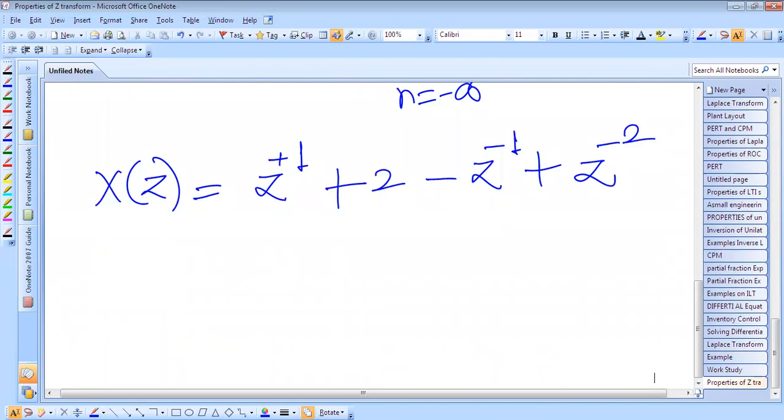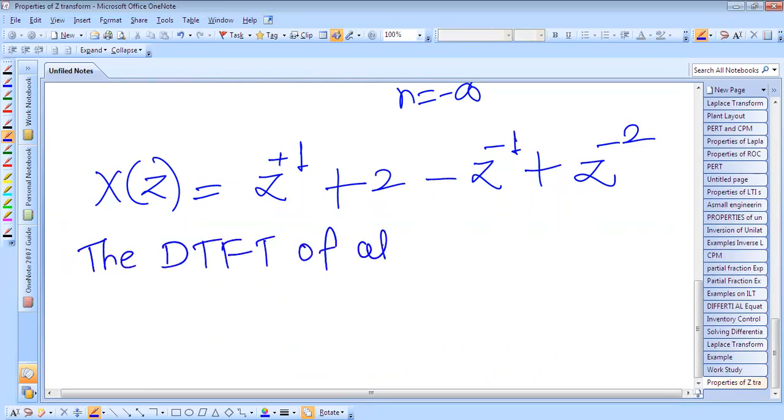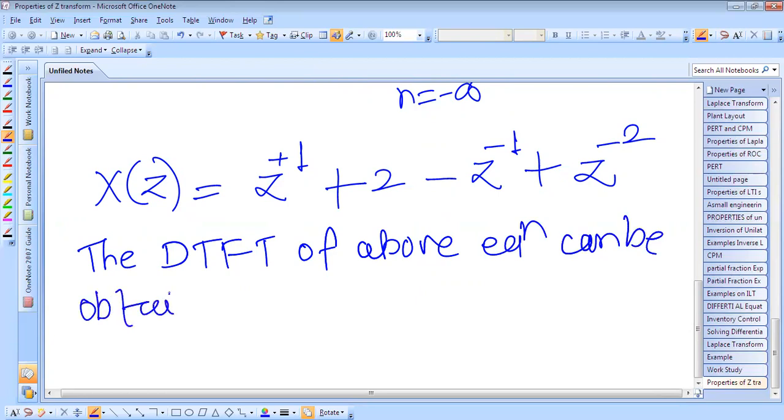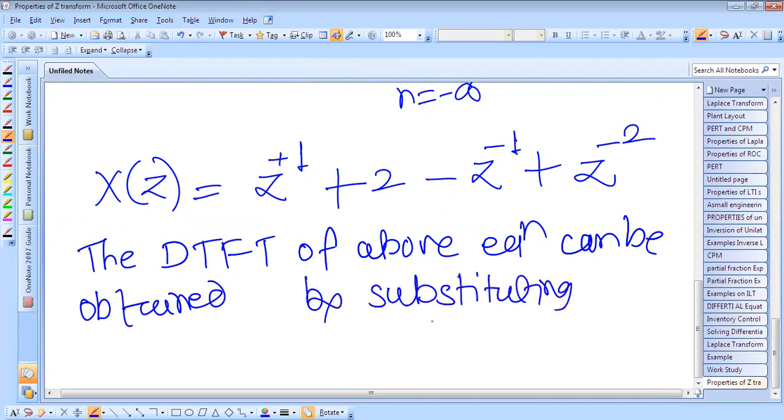Therefore, the discrete time Fourier transform of the above equation can be obtained by substituting z is equal to e raised to power j omega. Okay, so we'll put these values in the above equation.